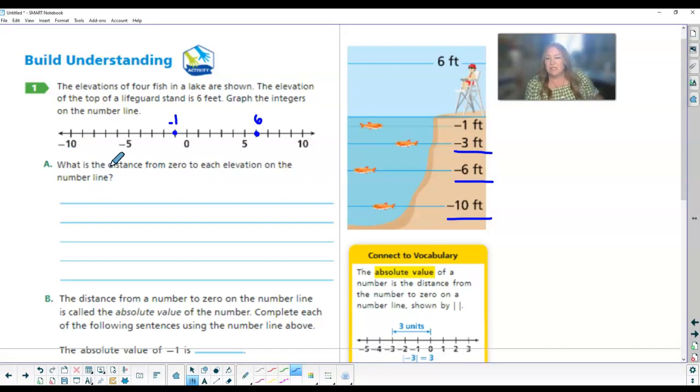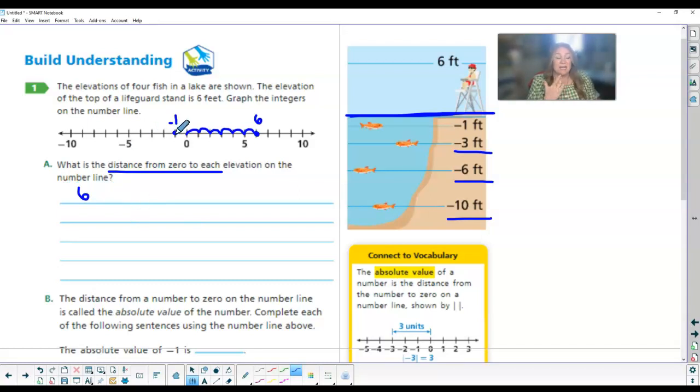So now it wants to know what is the distance from 0 to each elevation on the number line. So how many units is it taking to get to 0, to sea level? So if I go back to 0, it's taking me 1, 2, 3, 4, 5, 6 units to get from 6 to 0.